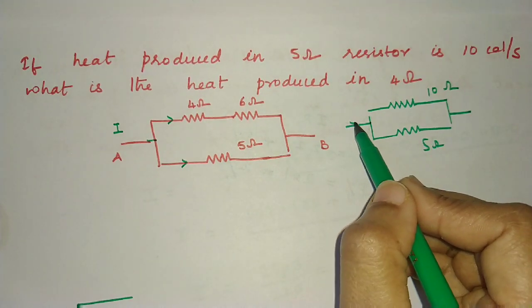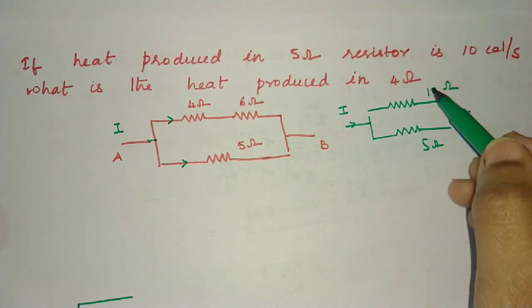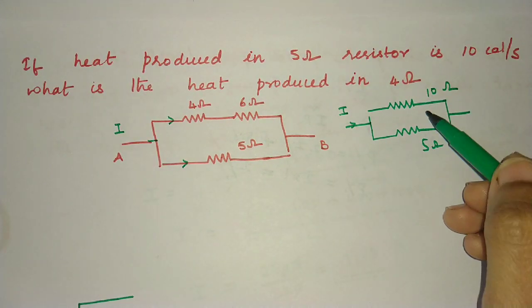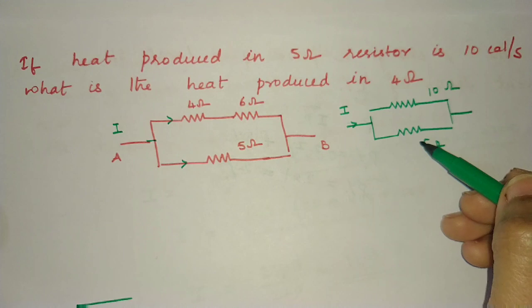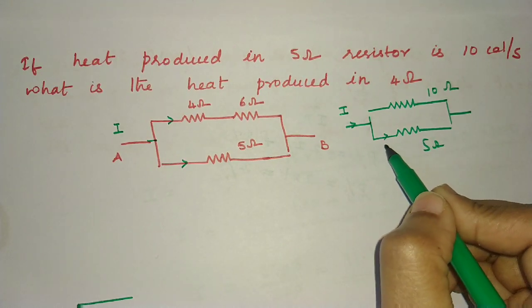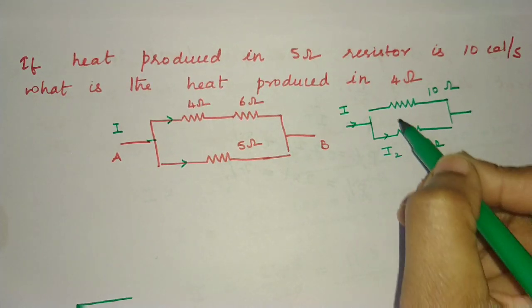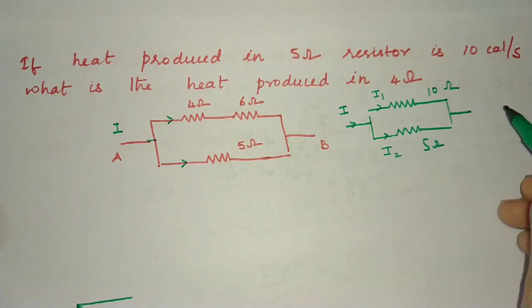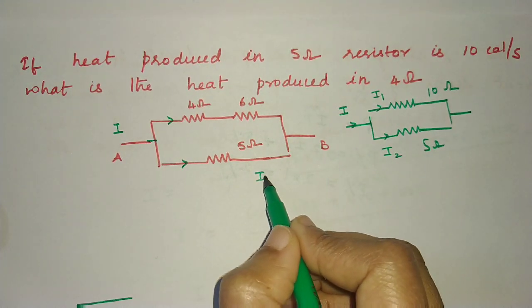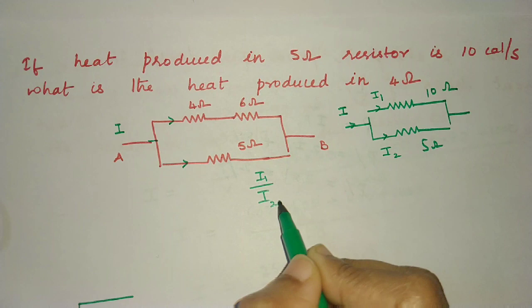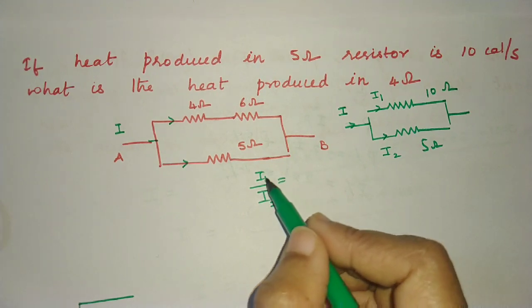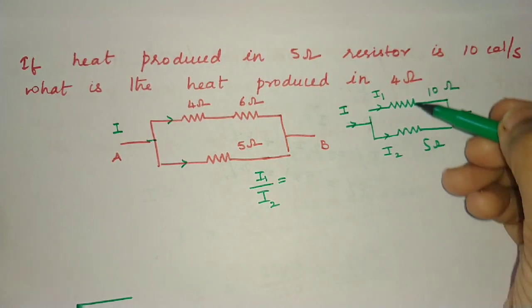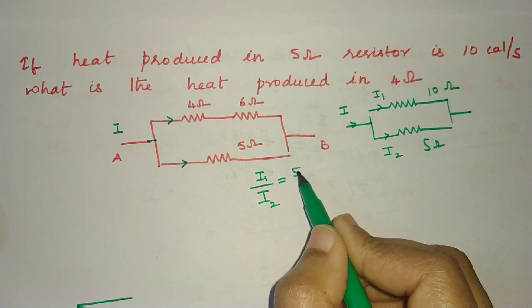So if a current I enters the circuit, it gets divided in the inverse ratio of its resistance. So if I call this as I2 and I1, what should be the ratio of I1 by I2? Opposite to resistance. I1 by I2 should be R2 by R1. That is 5 by 10.